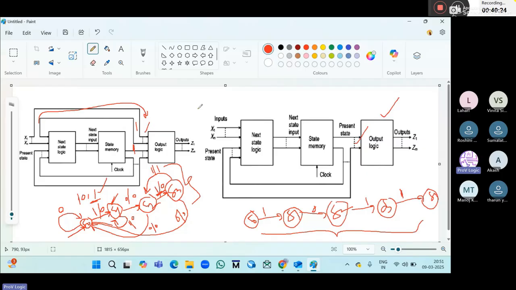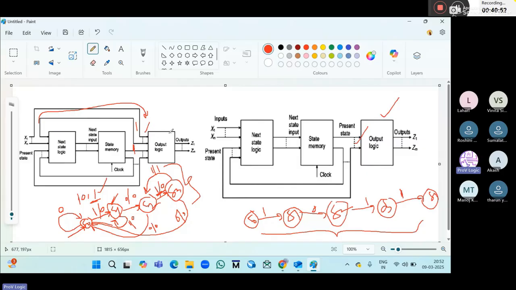Static 1 hazard, static 0 hazard, dynamic hazard, and glitches we have seen: when glitches occur, and also what are the ways we can avoid glitches, like by using a flip-flop at the output side, or in the K-map taking redundant gates. So based on that we can avoid the glitches.